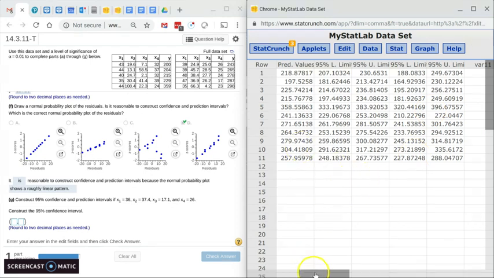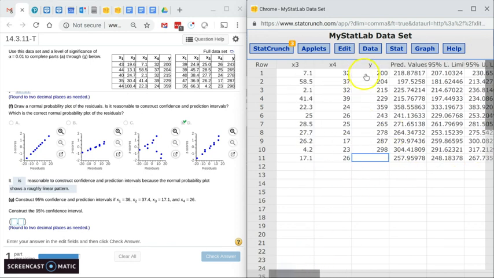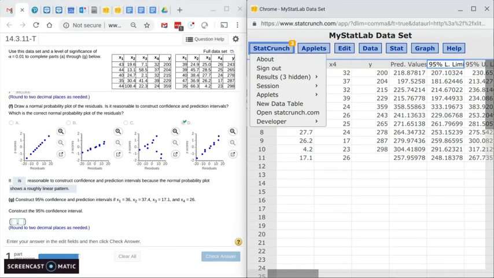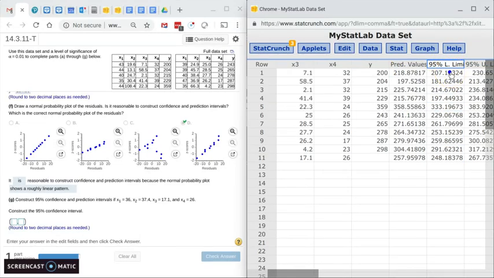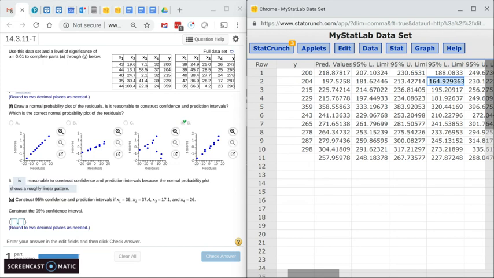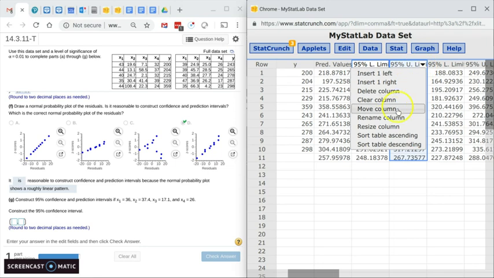What's going to happen is you see that now my data has more columns, right? My spreadsheet here has more columns. These are the predicted values of all of this stuff. And these are the upper and lower limits for the confidence intervals around each of the points. And then the second one is the prediction interval, right? Let's see. Sometimes I forget which one's which.